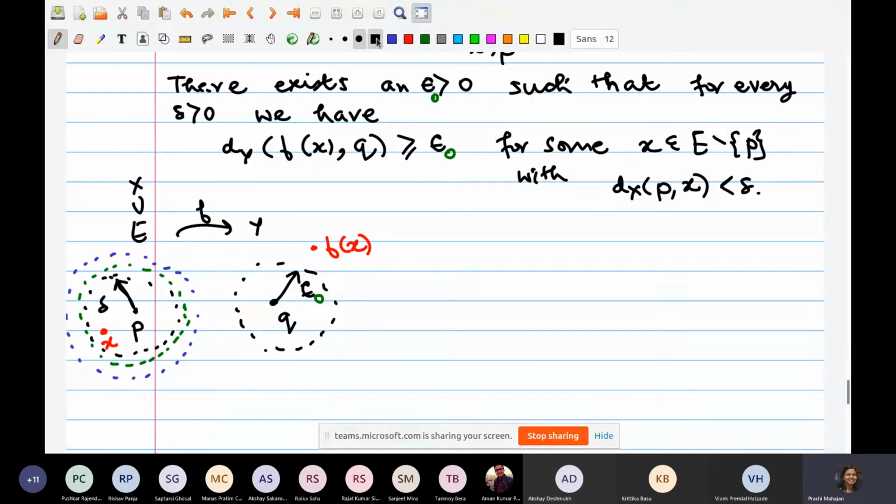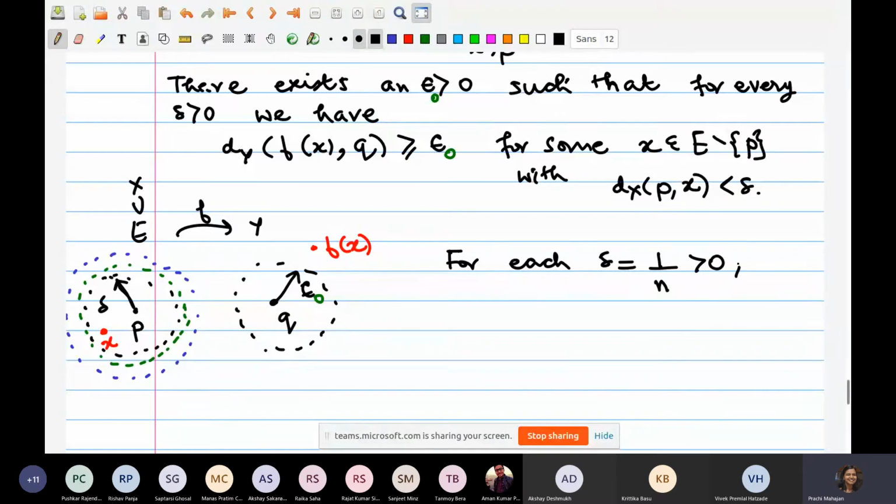Now, corresponding to this epsilon naught, no matter what delta I choose, there is always a point in that delta neighborhood of the point P, which is mapped via F outside this epsilon naught neighborhood of the point Q. So corresponding to this epsilon naught, for each delta, I'm going to take delta as 1 by n, positive.